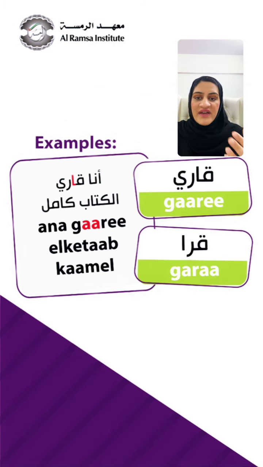Okay? So if I say great, it means I just read. يعني, you know, in English, you can say past tense. Or you can say I have read the whole book. تمام? This is for male or female?